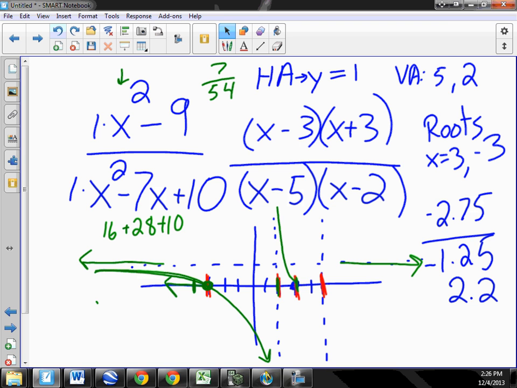Okay. So now I need to plug in 3. No, 3 is a root. 4. So 4 squared minus 9 is 7. And 4 squared minus 28 plus 10 is -2.